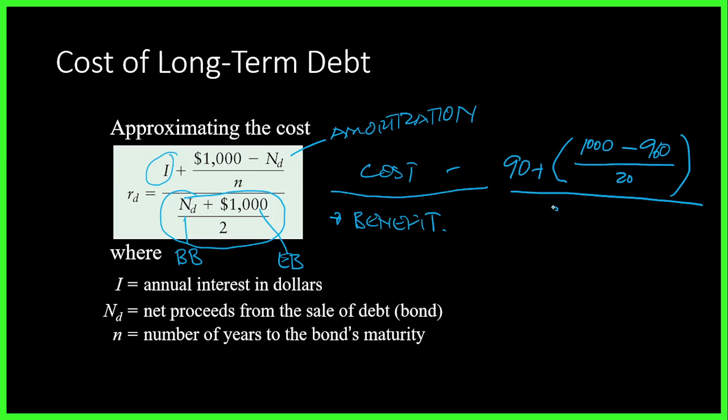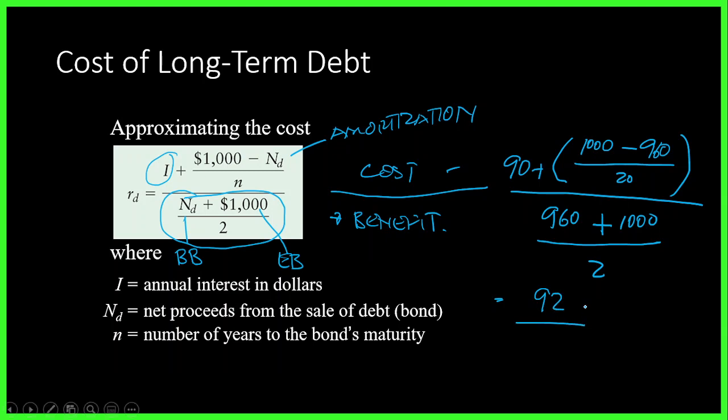You have the net proceeds, which is 960, plus 1,000 divided by 2. So 1,000 minus 960 will now be 40. We divide that by 20 and you will get 2. Plus 90, you will now have 92.